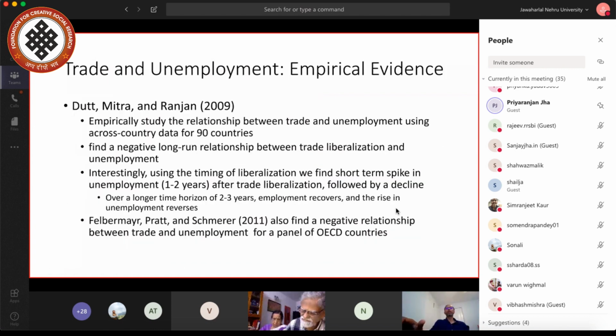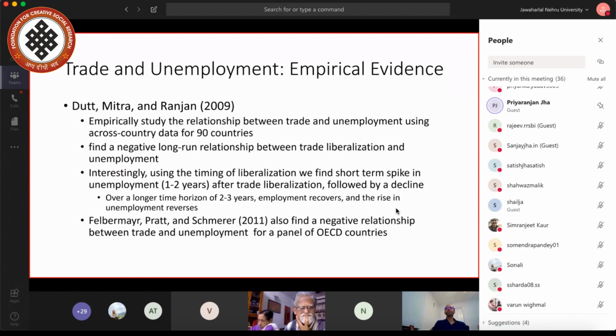So let's look at some empirical evidence. What is the empirical evidence on the relationship between trade and unemployment? I have this paper with two other guys, Kushan Das and Devashish Mitra, where we empirically study the relationship between trade and unemployment using cross-country data for 90 countries.